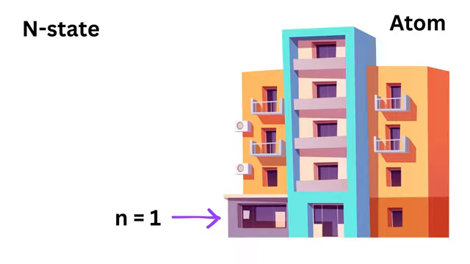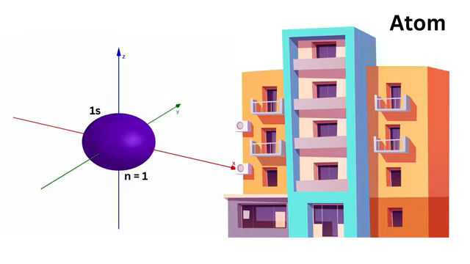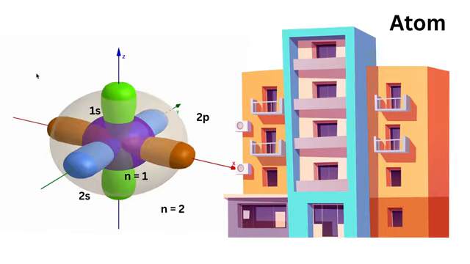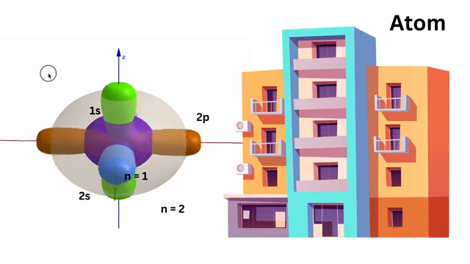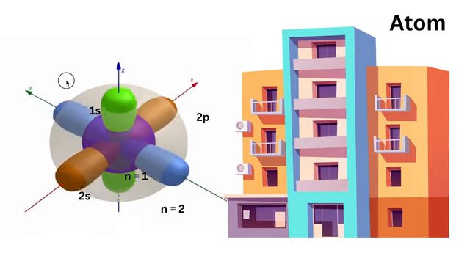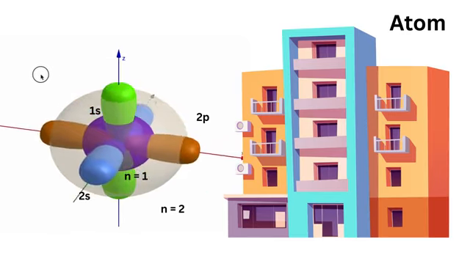The first floor, or n equals 1, is closest to the center and holds only one round s room, while higher floors, or n equals 2, or n equals 3, and so on, have more rooms, like one s room and 3 p rooms for n equals 2, and sometimes even d or f rooms on higher levels.